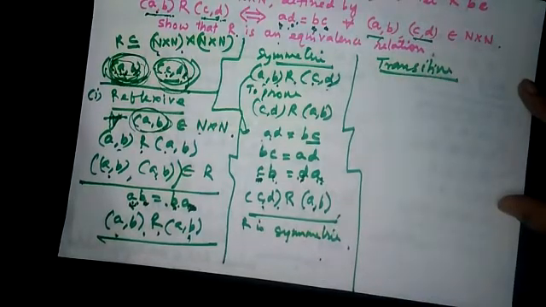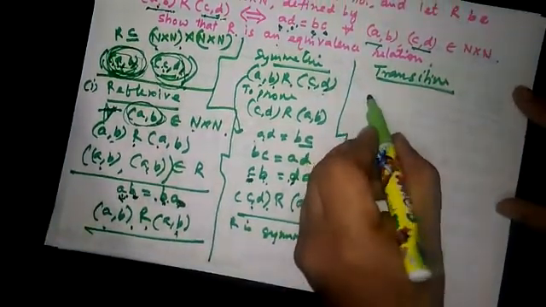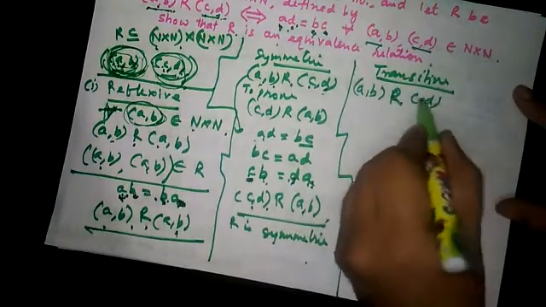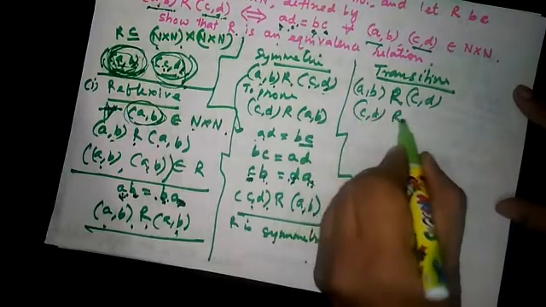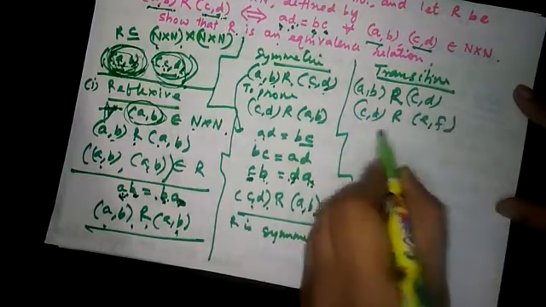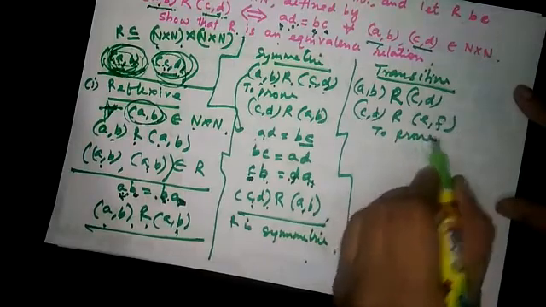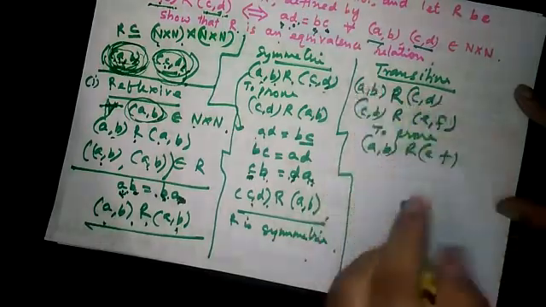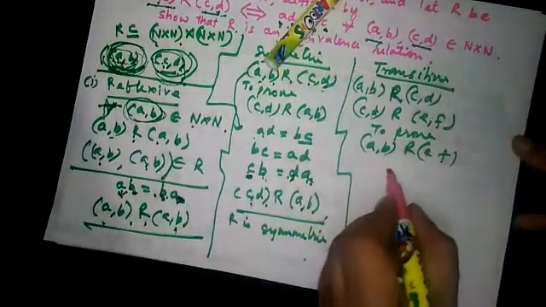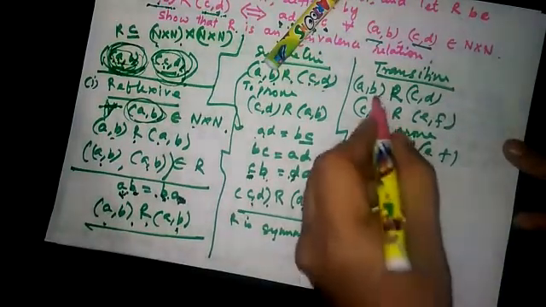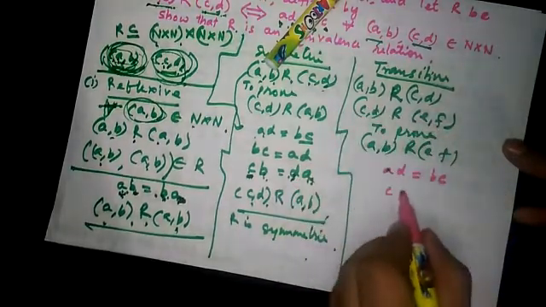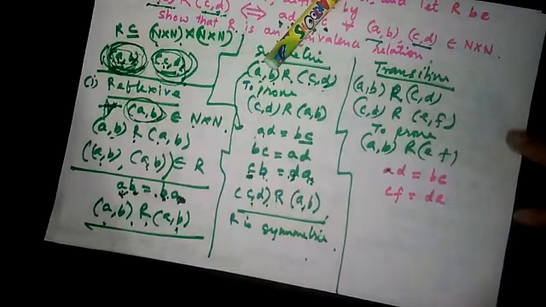Next, transitive. To prove that R is transitive, what I have to do is take AB related to CD and CD related to EF, and prove AB related to EF. From the first I can write AD equals BC, and from the second one I can write CF equals DE.